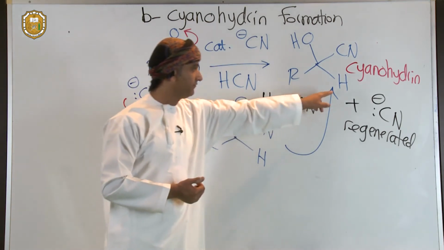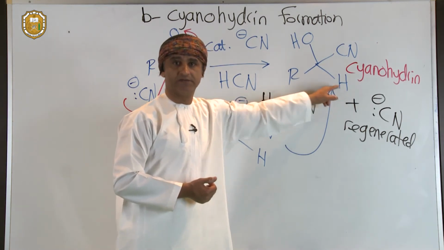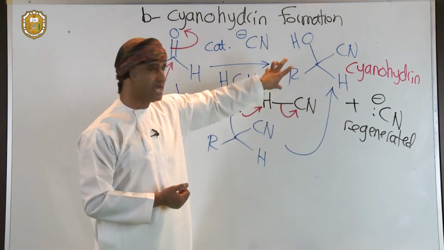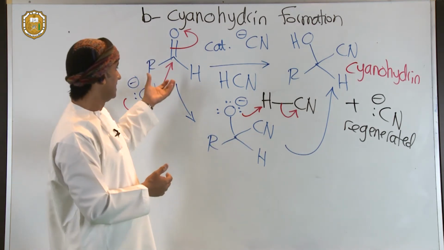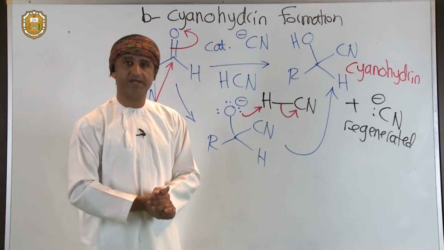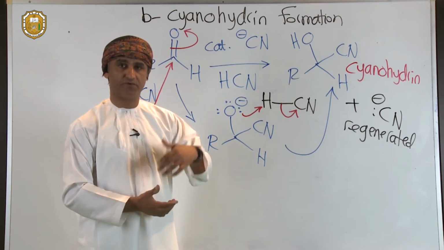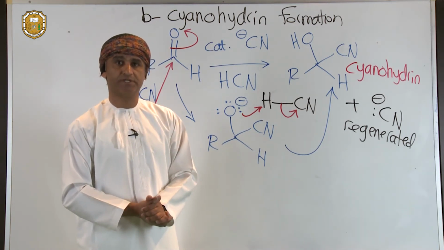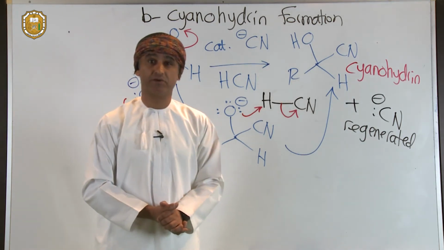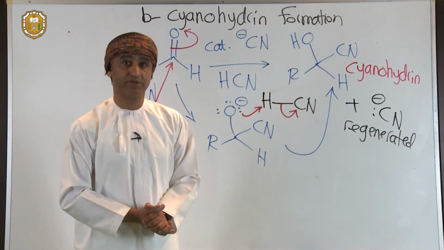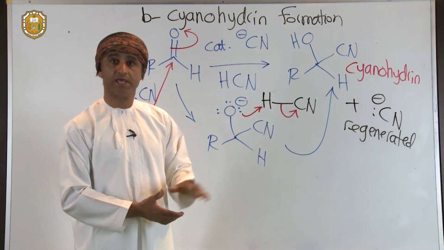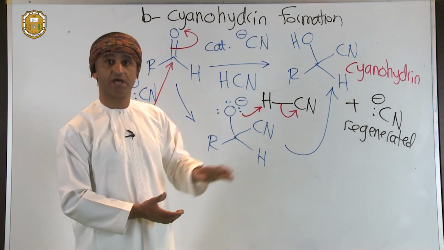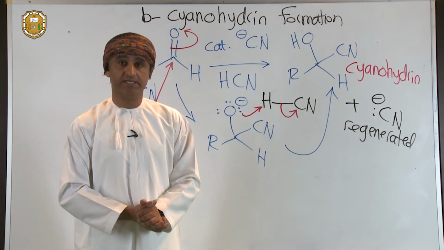If, instead of hydrogen, we now have R, if you started with a ketone, that cyanohydrin will be more bulky relative to the aldehyde cyanohydrin, and therefore the cyanohydrins of ketones should be less stable than cyanohydrins of aldehydes. Therefore, cyanohydrin formation reactions are more important in aldehydes.